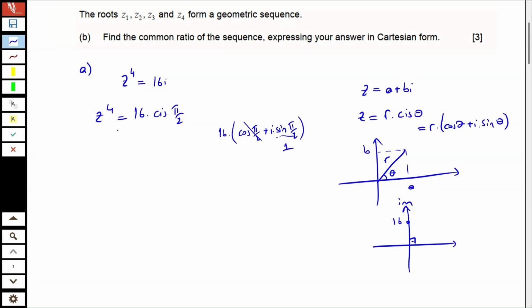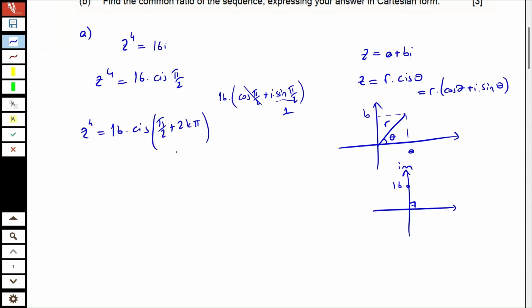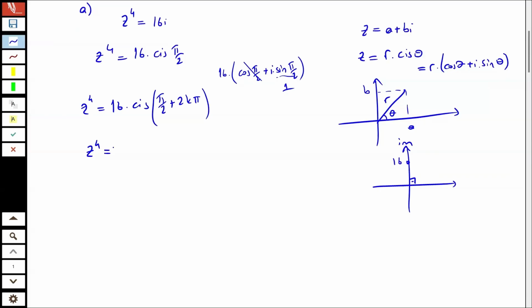So this is correct. By the way, since we are looking for the roots of this equation, we need to write it in the form of plus 2 times k times pi, where k is an integer. You can also simplify this like pi plus 4k pi divided by 2, right?